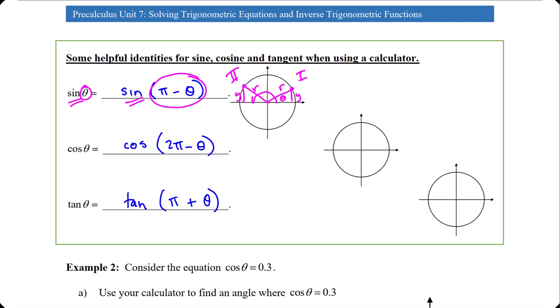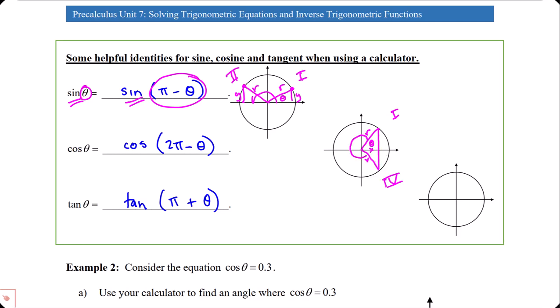Now cosine, let's say we do this for theta here. Theta is positive in the first quadrant, but isn't it also positive in the fourth quadrant? That's when x is positive. So here is the same x value, the same x and the same r.